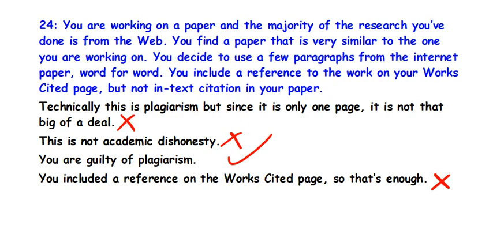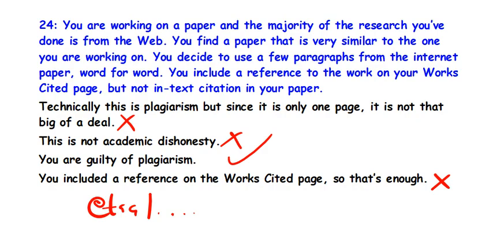In-text citation is required. Where is that reference coming from? That is very important, because once I don't put in-text citation, I might put something like et al. to mean several.